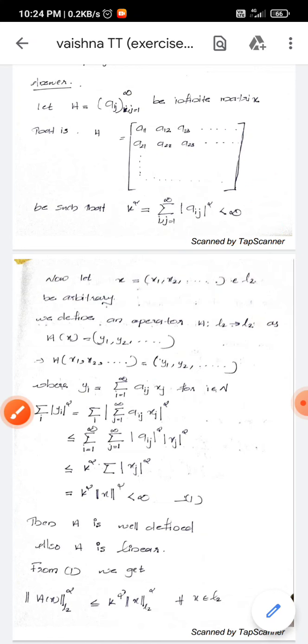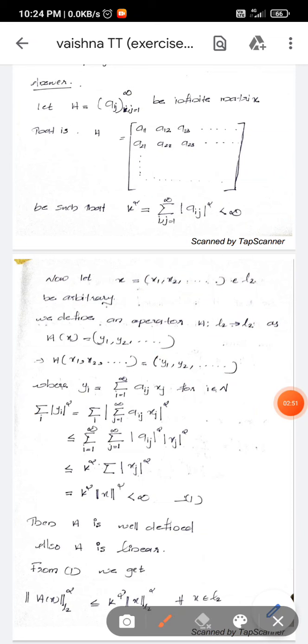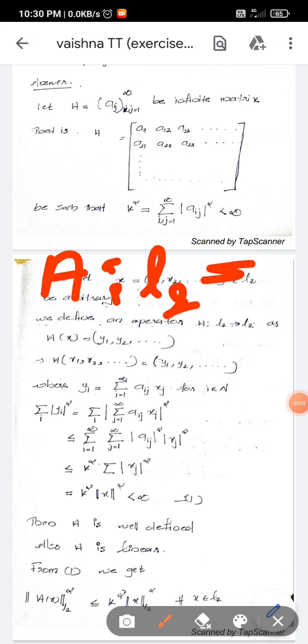Then we define an operator A from the space L2 to L2.